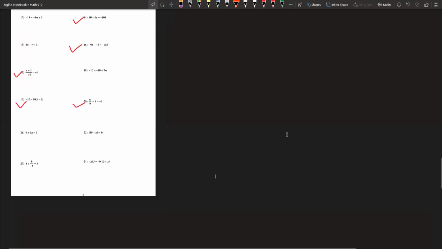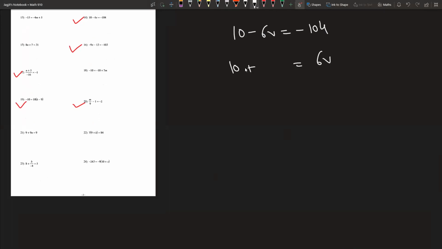Our first question was 10 minus 6v is equal to minus 104. Okay, again, I see negative 6v. We don't want to have a negative. We'll move it to the other side. It will become positive 6v. This is 10. This is minus 104. When we move it to this side, it will become plus 104.